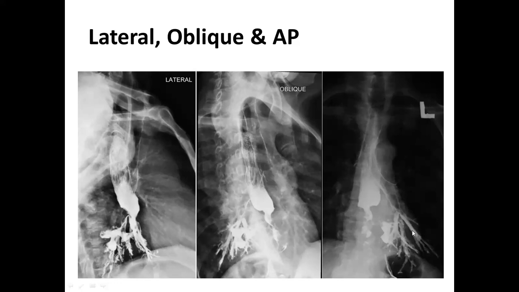We can see more contrast in the left lower bronchial tree. So the unfortunate part is that we lost this patient, because I hope the management was not very good.